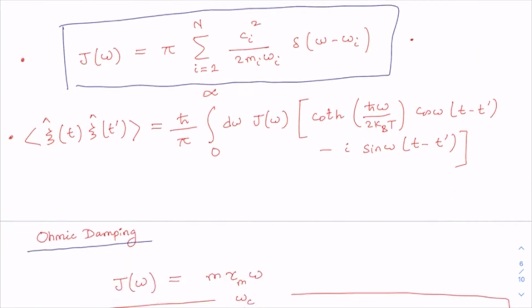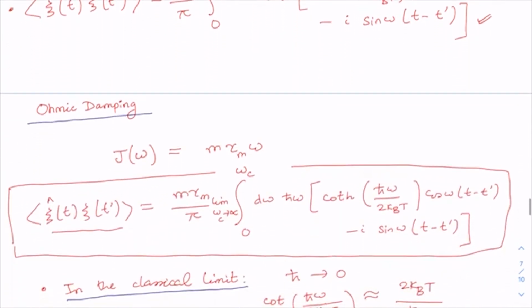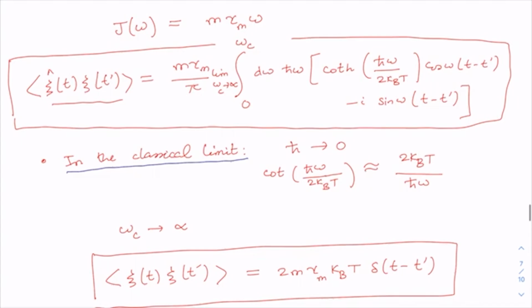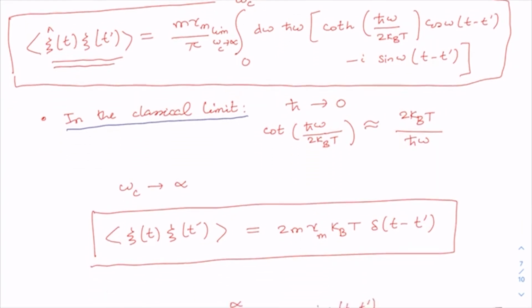Using the bath spectral density, we have written down the autocorrelator here, and considering the ohmic damping, we got the expression for the autocorrelation of the Langevin noise, which is also known as the second moment of the Langevin noise, and as usual in the classical limit, it should give the classical expression which we obtained.